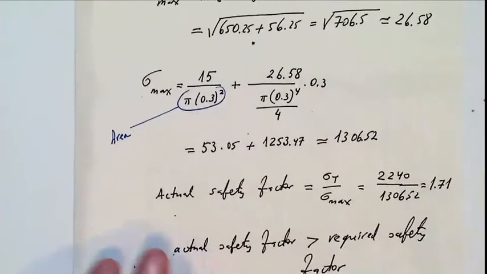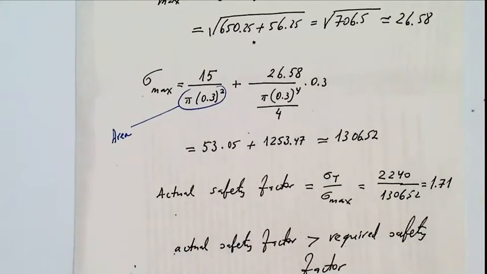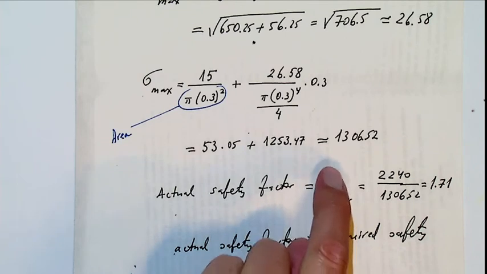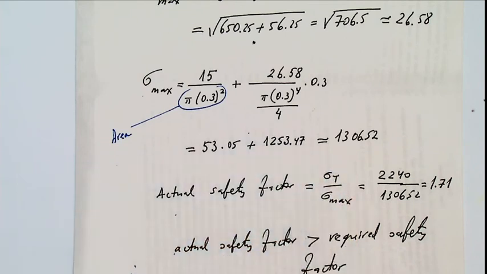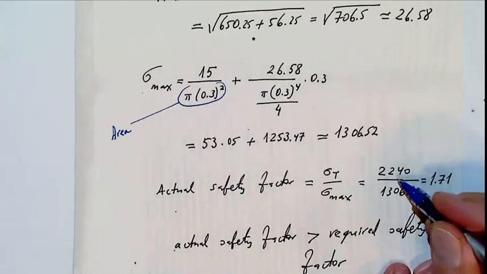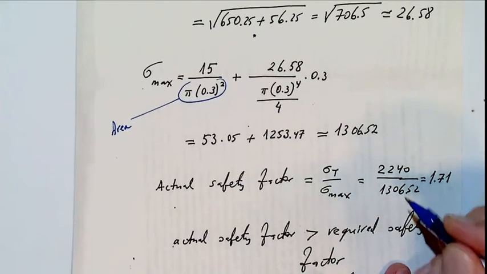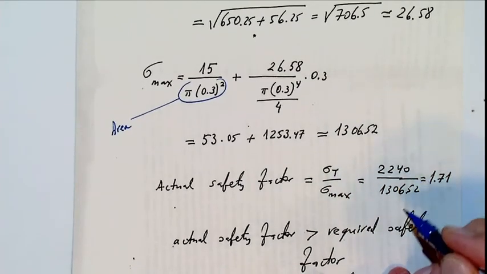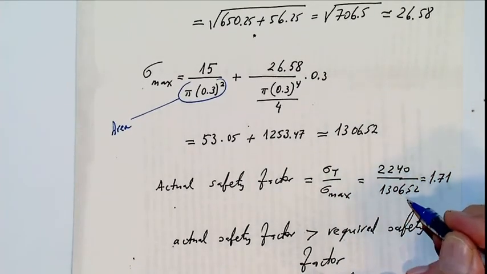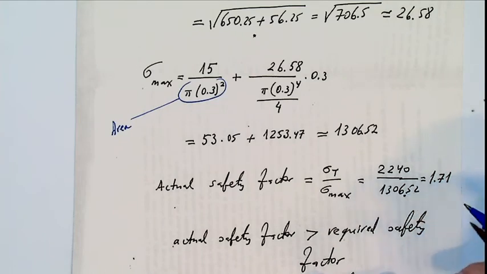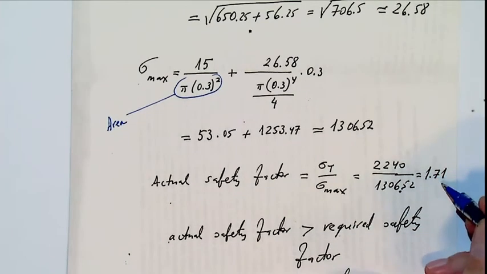How much is the actual safety factor? The actual safety factor is defined as sigma yield divided by sigma maximum. So 2,240 divided by 1,306.52 equals 1.71.